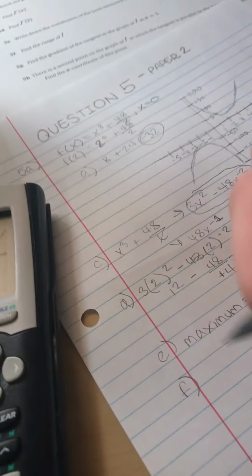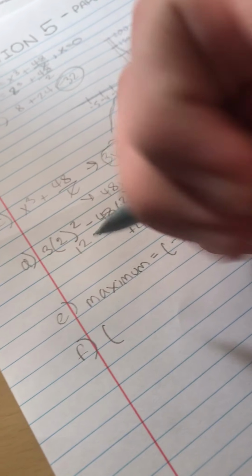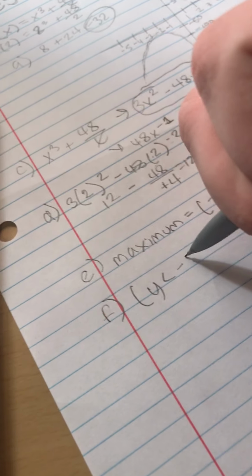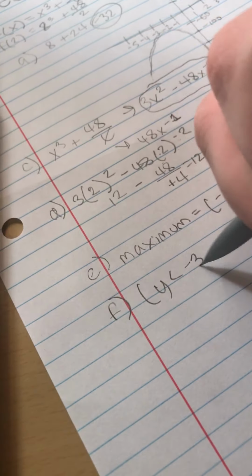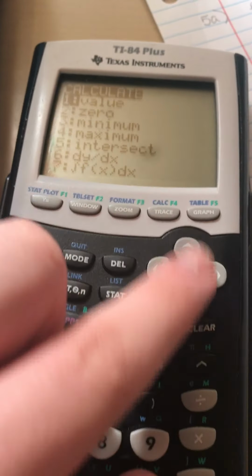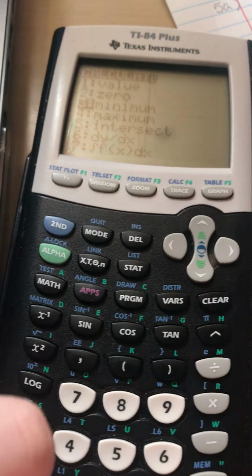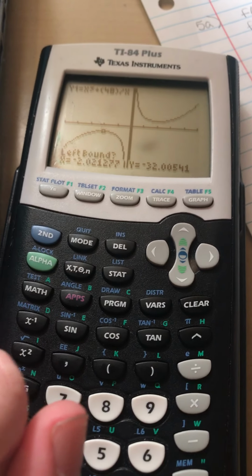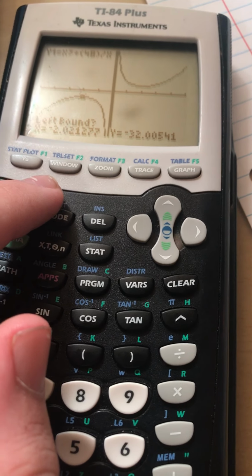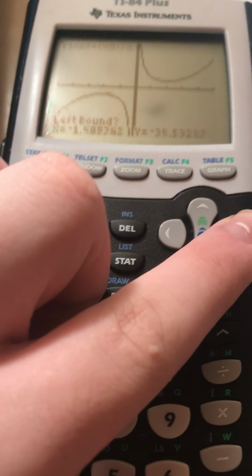So I'm going to transfer this, and y has to be less than -32, right? Because it has to be lower than that point. And then I'm just putting a comma, and then I'm going to go find the minimum for the other one. I said the minimum. Oh, I'm just going to go this way.